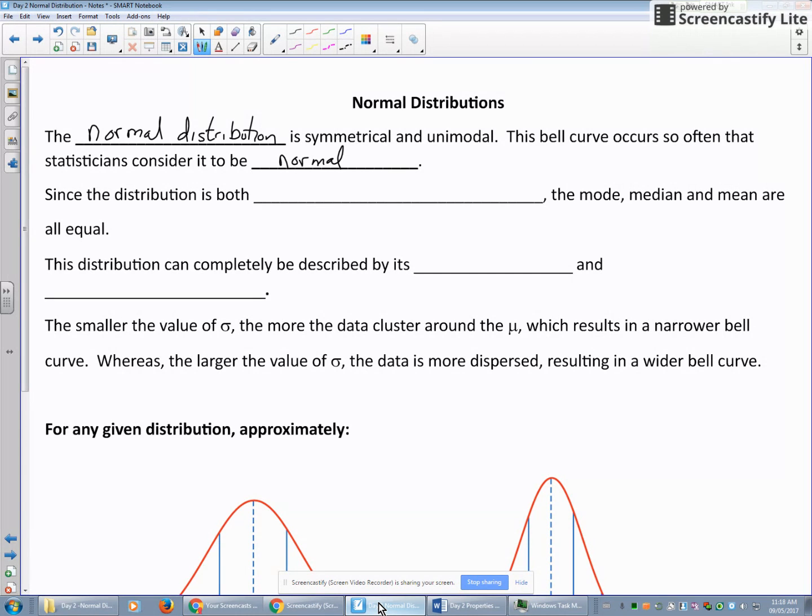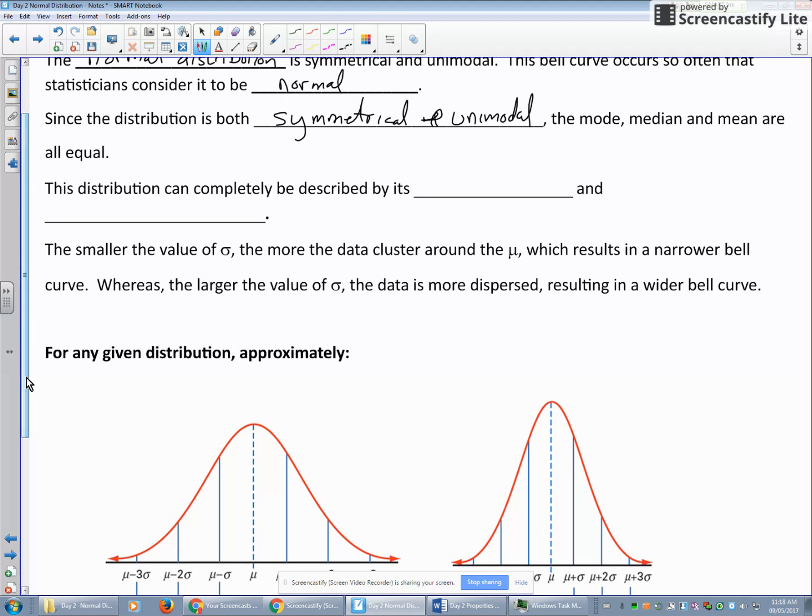Since the distribution is both symmetrical and unimodal, the mode, the median, and the mean are all equal. They're all the same thing because it's perfectly symmetrical with just one mode.